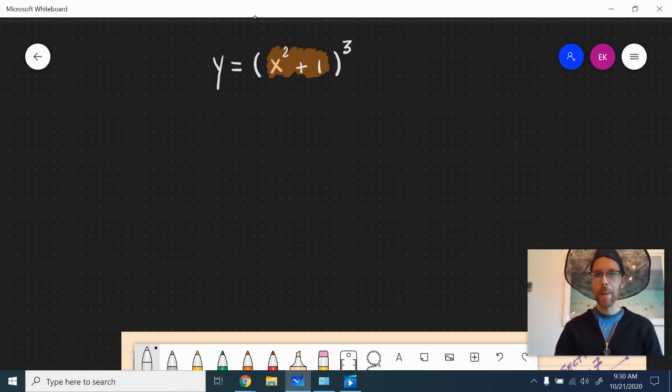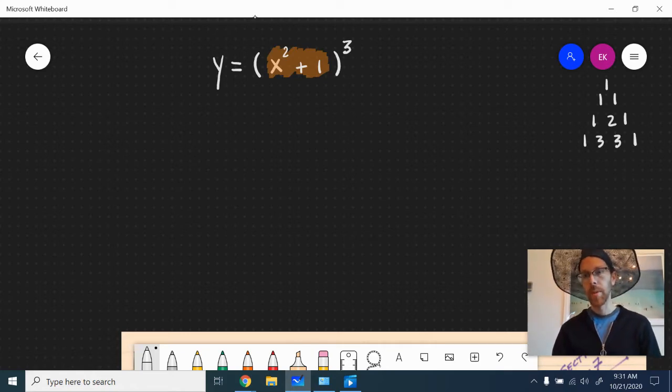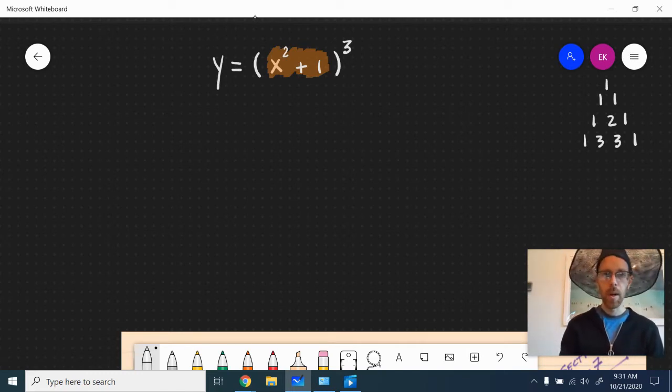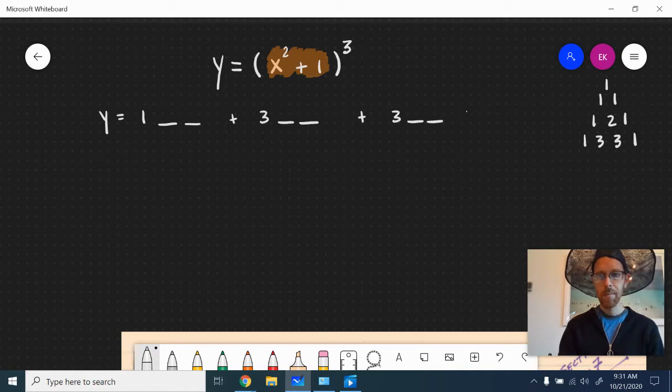So if we wanted to expand this, we would say, well, it's to the third power, and so let's see, Pascal's triangle, the third row, or the row with the threes in it at least, is 1, 3, 3, 1. So we could rewrite this as 1 plus 3 plus 3 plus 1.